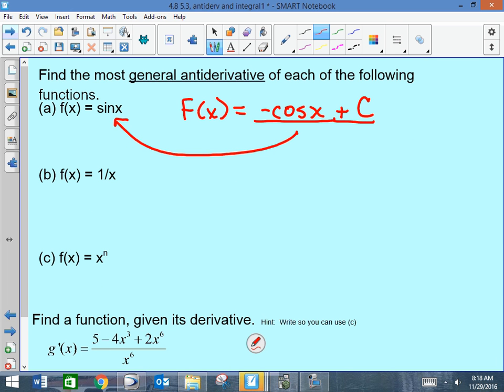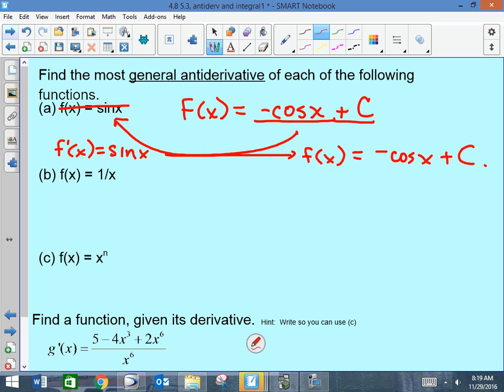Sometimes they're going to switch this and call this f prime, and then little f would be negative cosine of x plus c. So they're going to change up the name on it. Big F and little f is really kind of annoying, but it gets the ball rolling, and then eventually we'll switch it. But this is pretty common: if you have f prime, get f, that's an antiderivative deal.